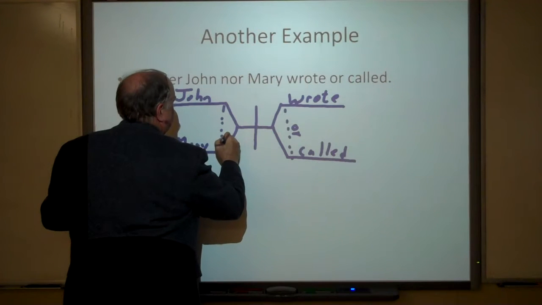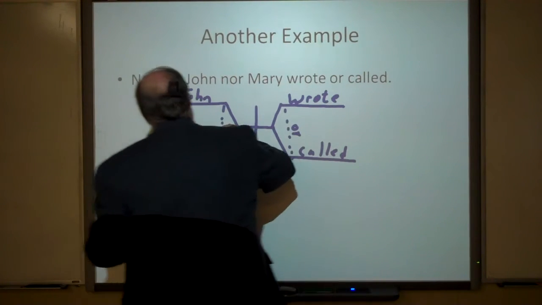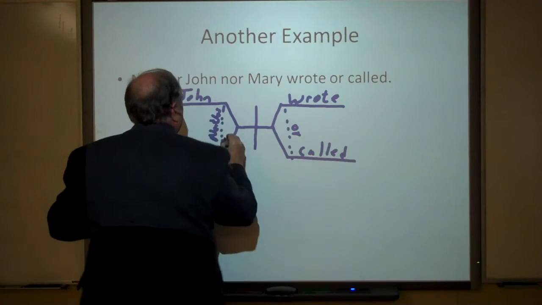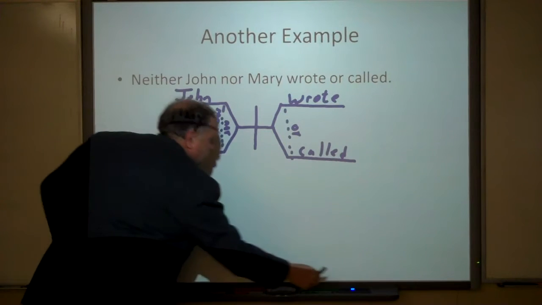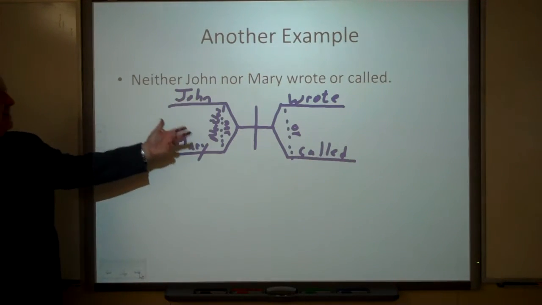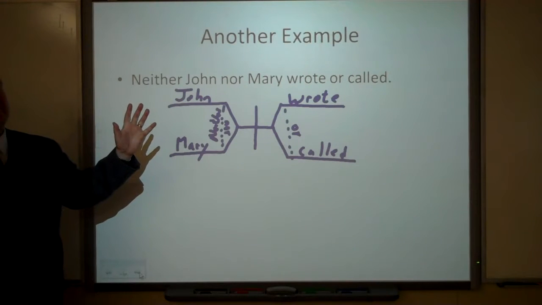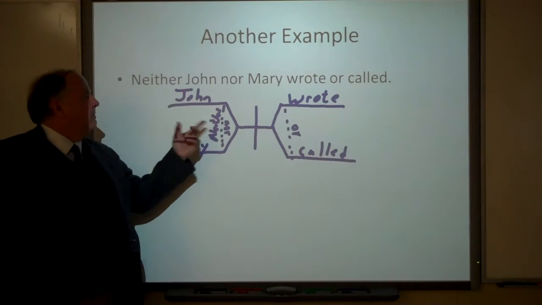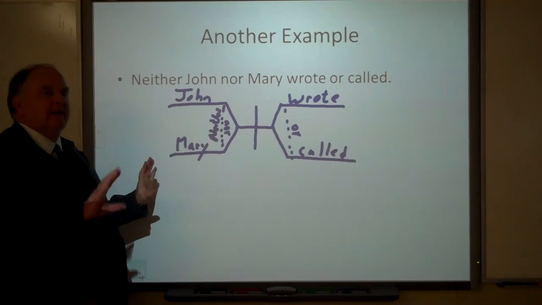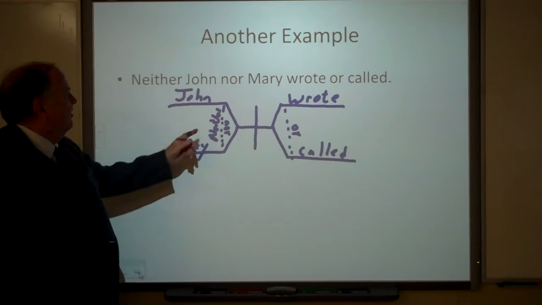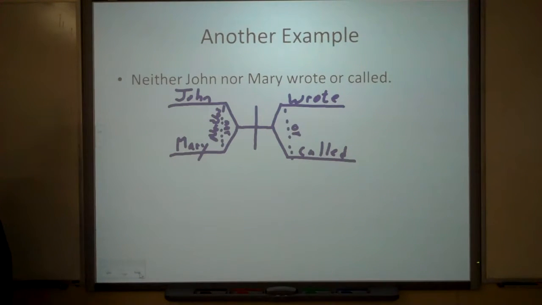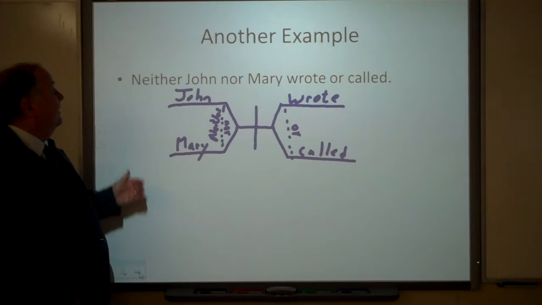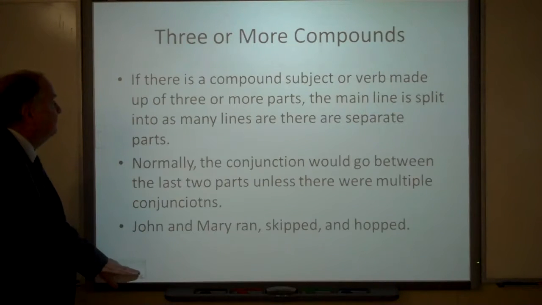So what we do is write one on one side and one on the other of the dotted line: neither, nor, like that. If we had either/or, or both/and, whether/or, each word of the correlative conjunction would go on either side of the dotted line. That's how you would do it where you have a compound subject and a compound verb.